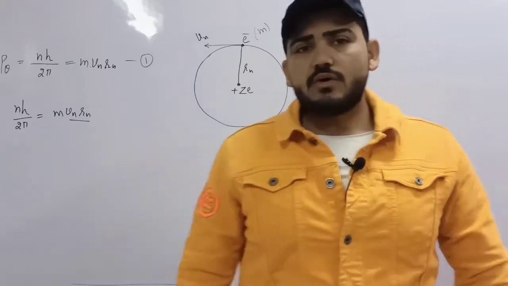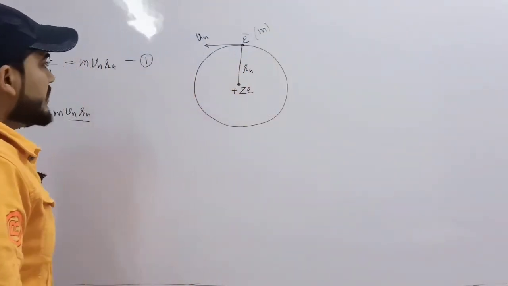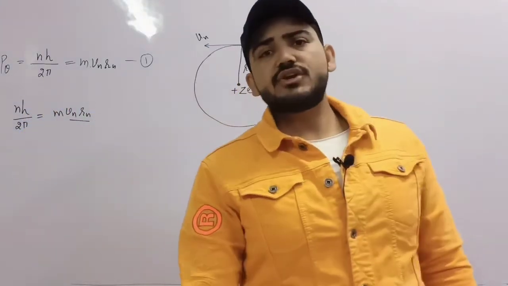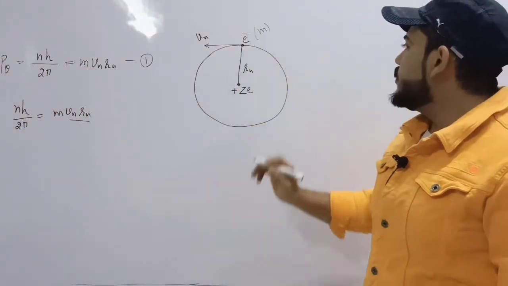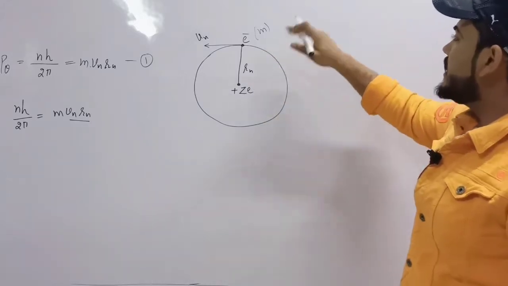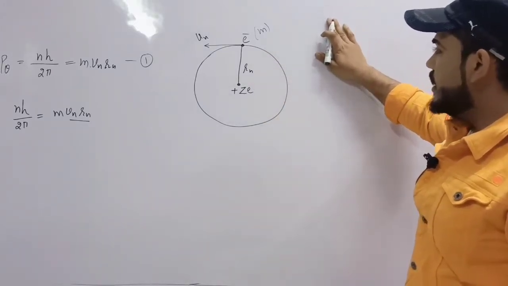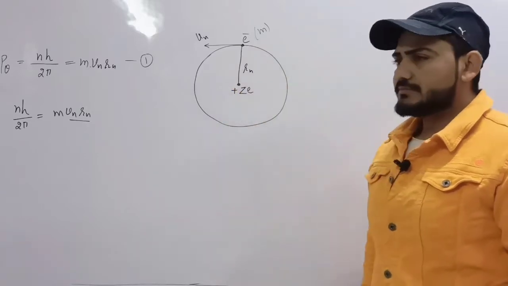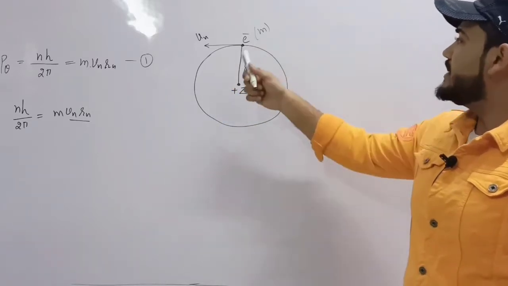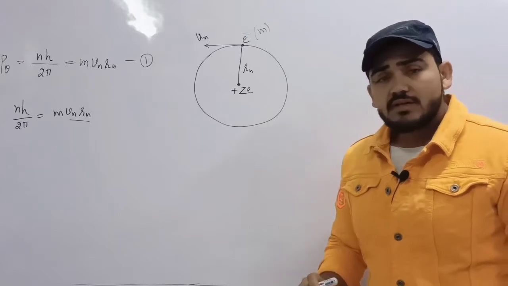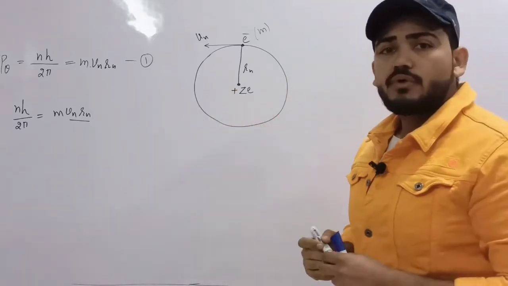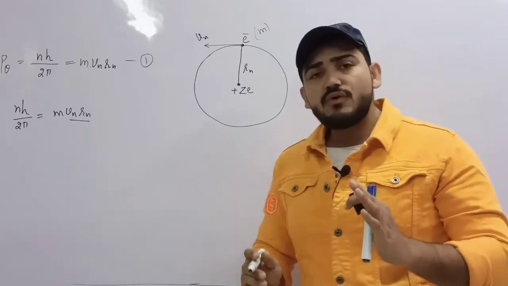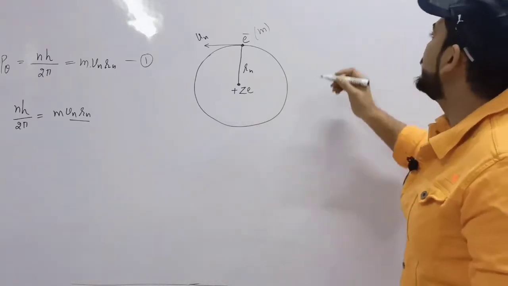Then how do we proceed now? We have to account for the interaction between the electron and the nucleus. What are the interactions here? We know that when a body is revolving in a circular path, to keep it revolving we have a known force, that is the centripetal force.